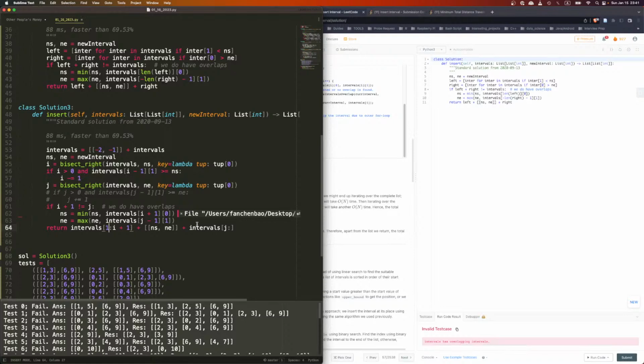No, doesn't work. Yeah, we add this. If intervals I minus 1, 1, is larger or equal to this, now then we say we have, so we do I to I minus 1.